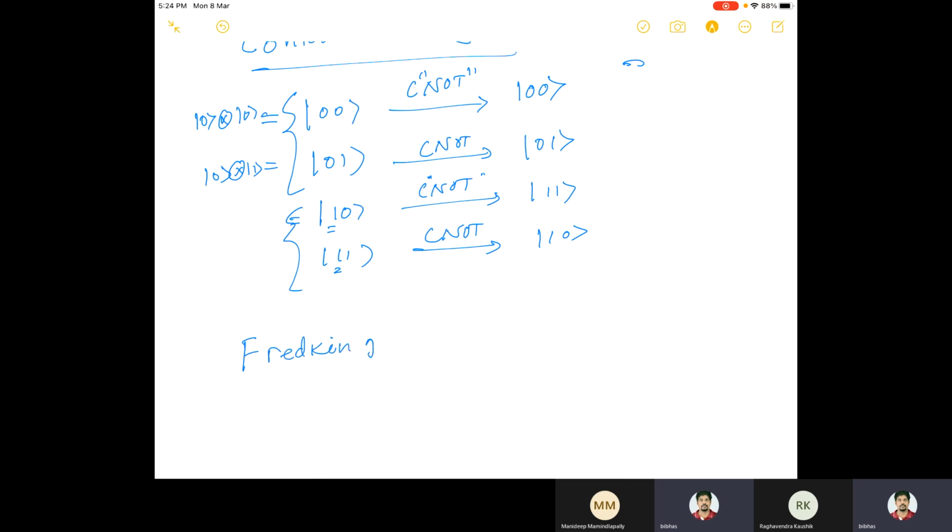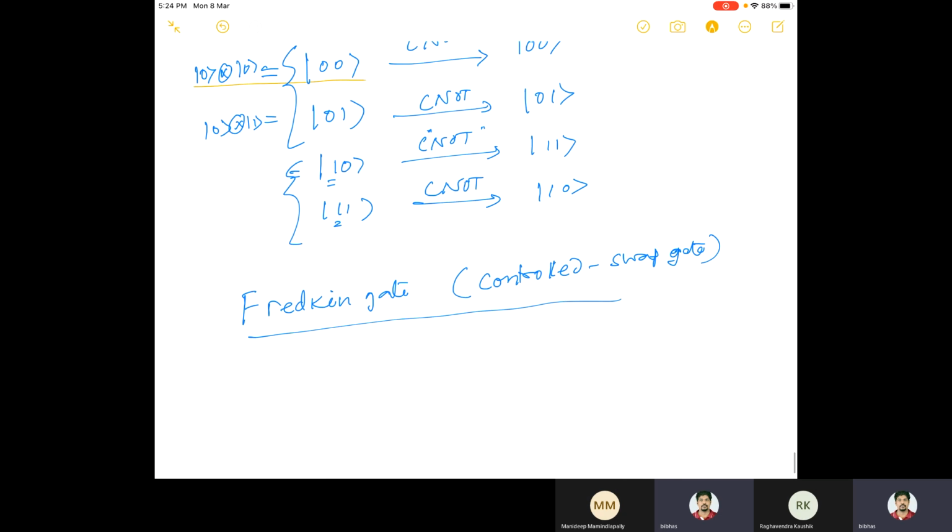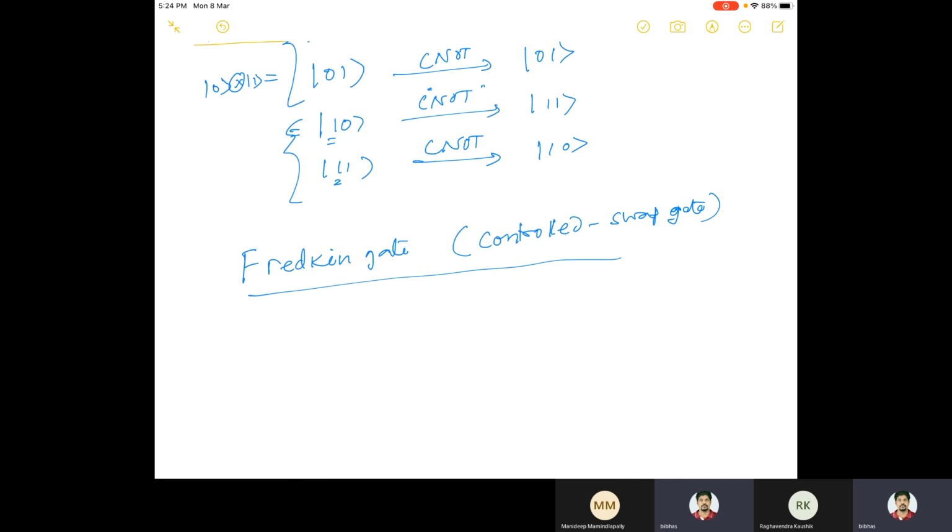If you talk about the Fredkin gate, we talked about it being a controlled swap operation, a control swap gate. It has the same definition as in classical computation, only the bits will be replaced by qubits.